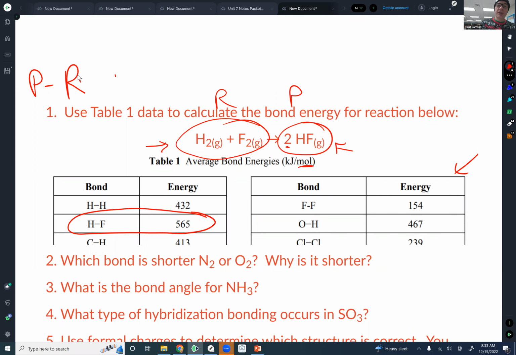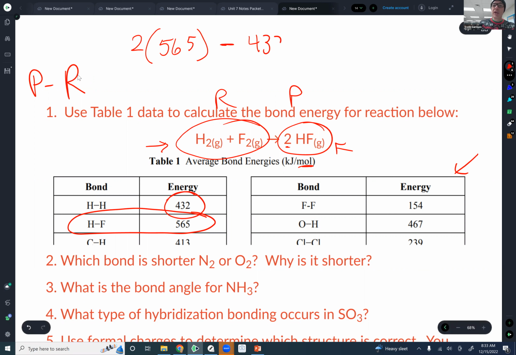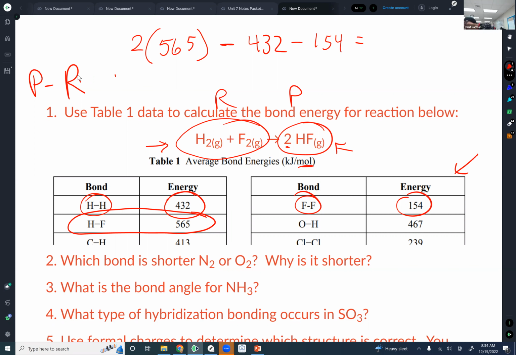So it's going to be products, 2 times 565, minus what it's going to take to make the reactants, because we're using them, so we're losing this much energy, 432. I don't need to multiply it by 2 because this is the H2. The same thing for the F2, minus 154. So we're going to put this all into our calculator, and our calculator is somewhere else, I'm guessing.